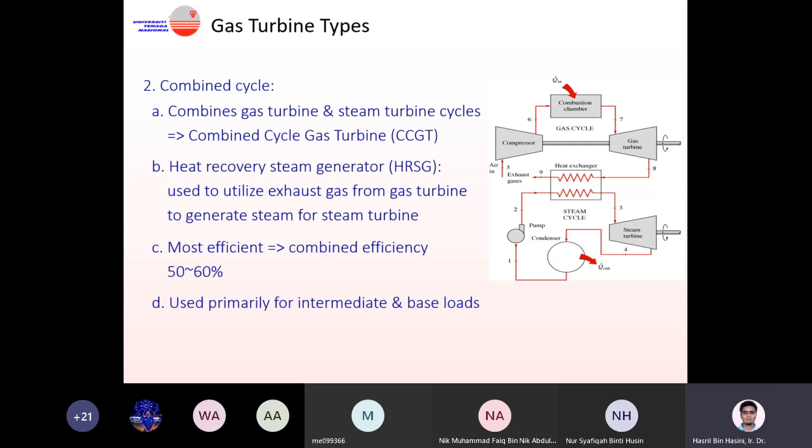We use the combined cycle power plant primarily for intermediate load, or in some cases they treat it as base load. Don't get confused with the open cycle. Open cycle, of course, we use mainly for the peaking load, but for combined cycle the majority of the time we use it for the intermediate or base load.